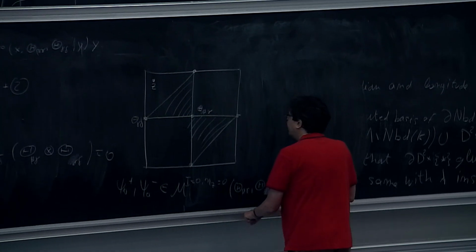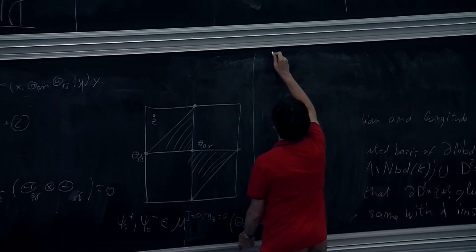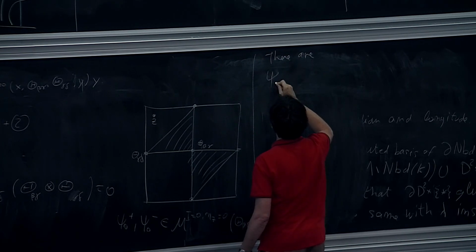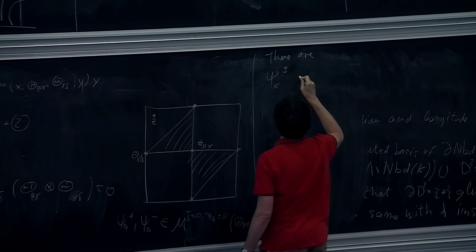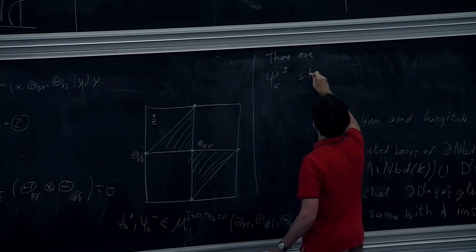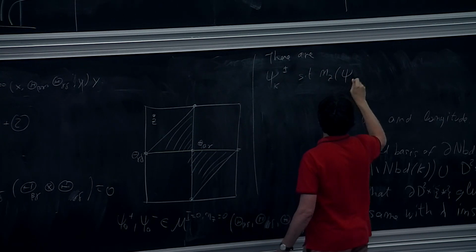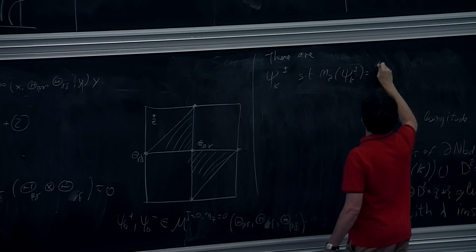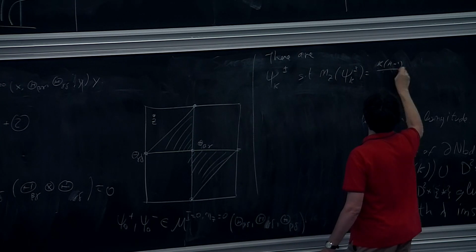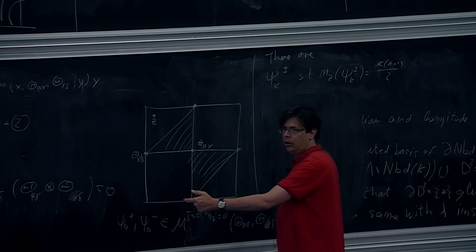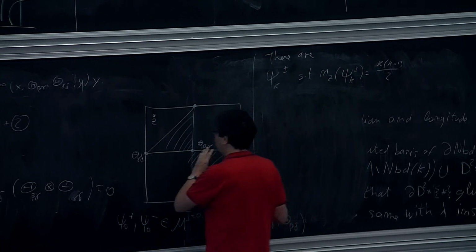Remark: there are also triangles psi k plus or minus between the same intersection points, such that n_z of psi k plus or minus is equal to k times (k minus 1) divided by 2. How do you see them? Well, you go to the universal cover and you take larger triangles.